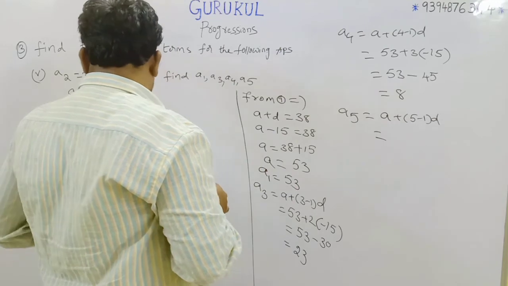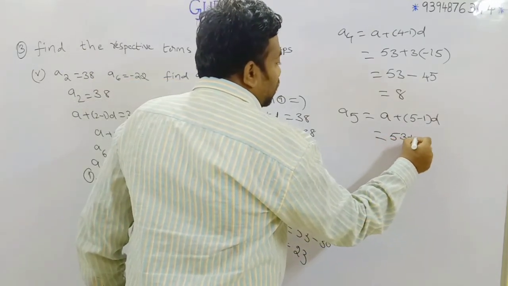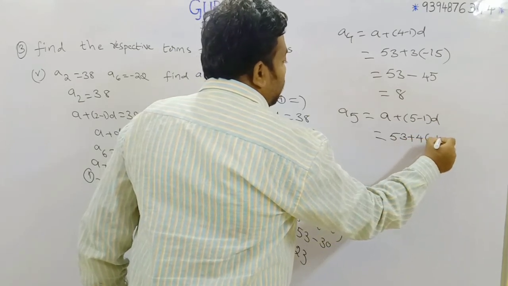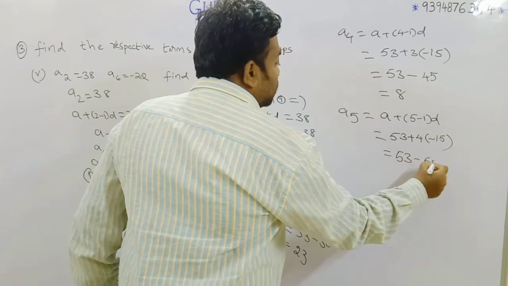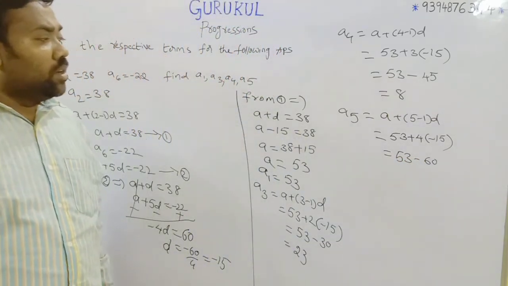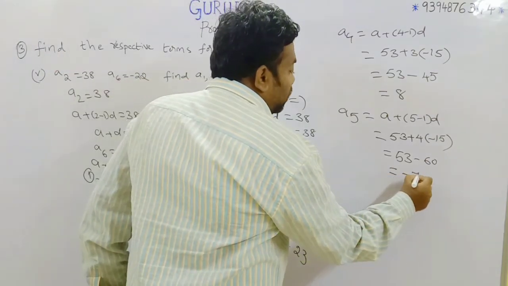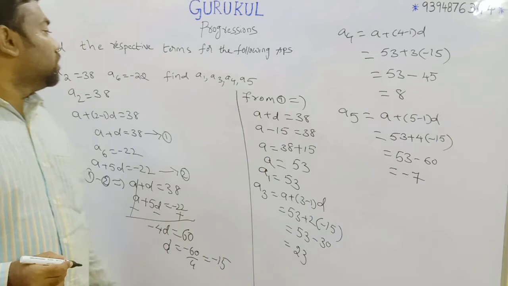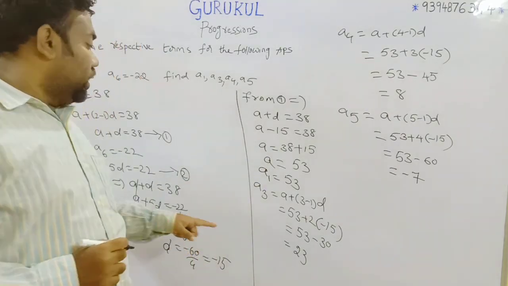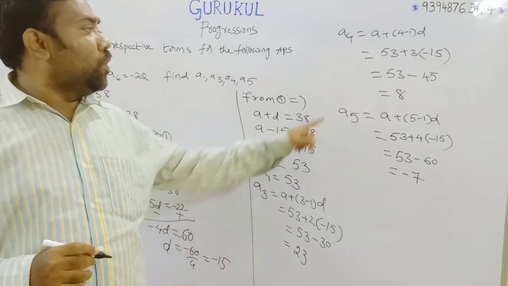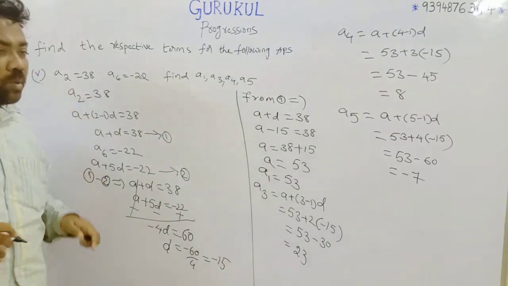First term, that is 53, plus 4 into d value minus 15. 53 plus 4 into minus 15, minus 60. 53 minus 60, that value is minus 7. So a1 value is 53 and a3 value 23, a4 value 8, a5 value minus 7. Fifth problem is completed.